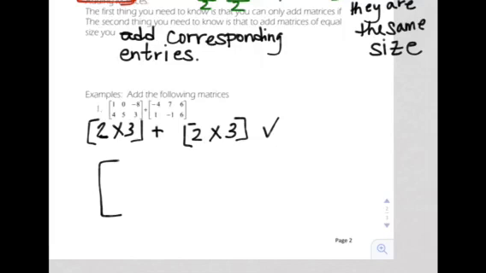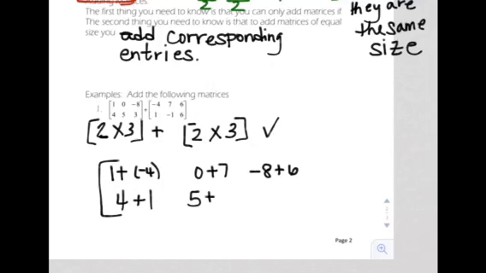So in row 1, column 1, you have a 1 in the first matrix. In row 1, column 1, in the second matrix, you have negative 4. Then you take 0 plus 7. So they're essentially in the same location in their individual matrix. And then negative 8 plus 6, 4 plus 1, 5 plus negative 1, and 3 plus 6.